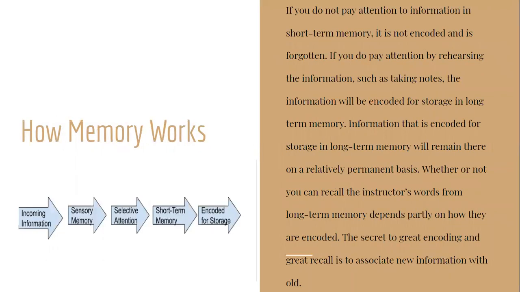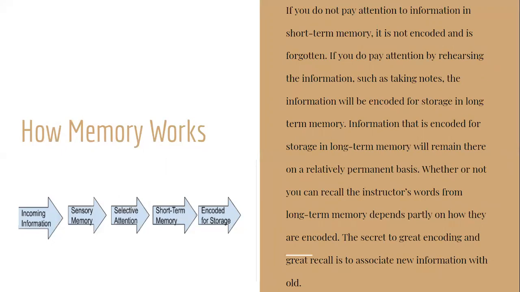How does memory work? The secret to great encoding and great recall is to associate new information with old information. And a key thing in memory is paying attention. It's probably, I would say, very important. If you do not pay attention to information in short-term memory, it is not encoded and is forgotten.